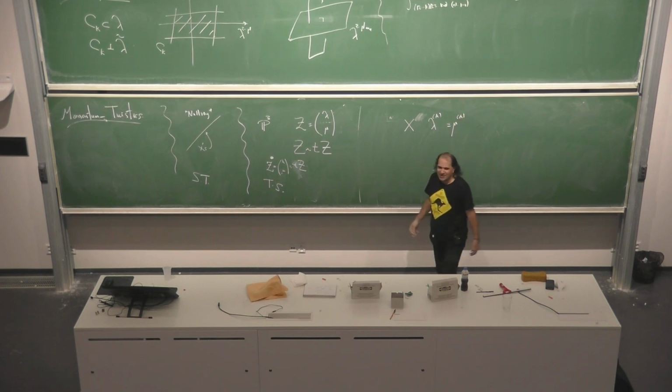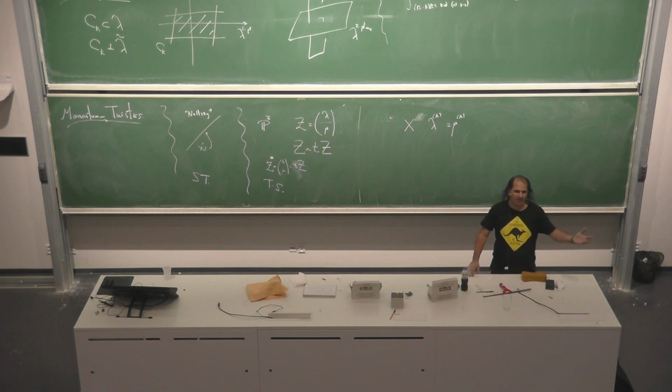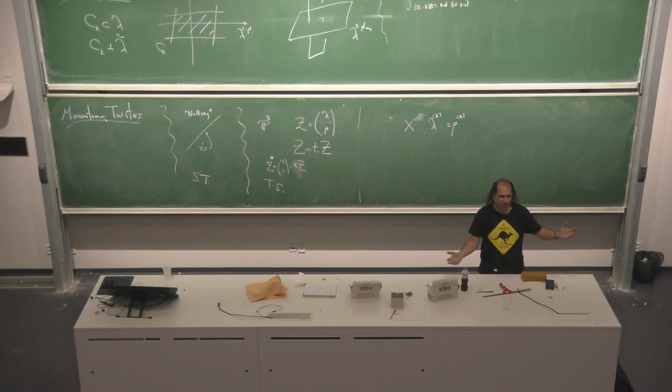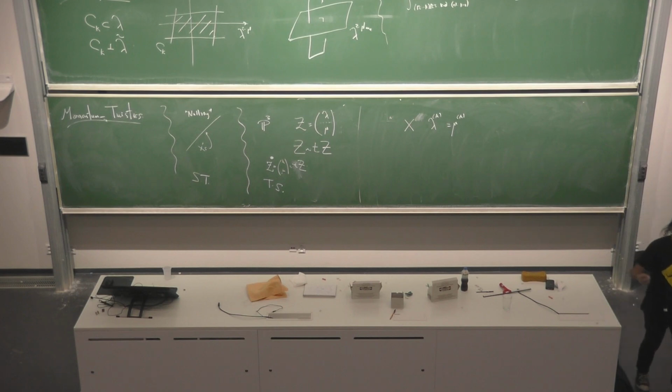And I can ask, is there a point in common between the null ray for A and the null ray for B? Now, just by counting, there should be 1 point in common, right? Because there are 2 equations from A for x, and another 2 equations from B for x. So that's 4 equations for the 4 components of x.